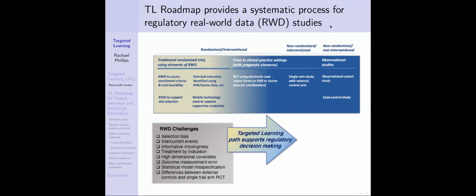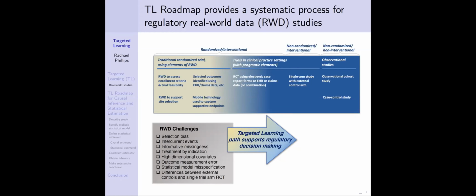So here I have an image showing how real world data can induce challenges, and we'll see how targeted learning can be used to address these challenges. So in this top panel, we have an increasing degree of the amount of real world data that's being used in a study.